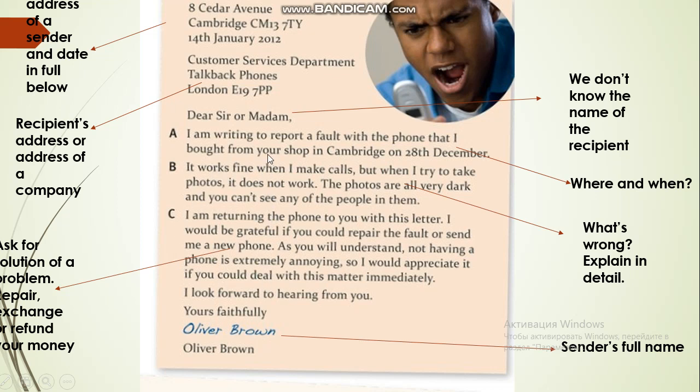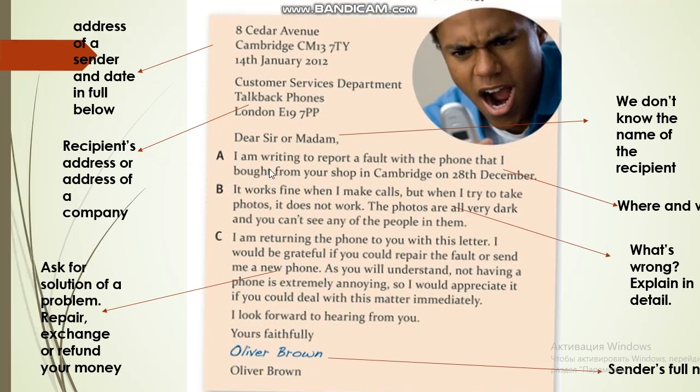So in the introduction part, we started with one of our phrases used to describe a situation. Here it was used, I'm writing to report a fault with the phone that I bought from your shop in Cambridge on 28th December.